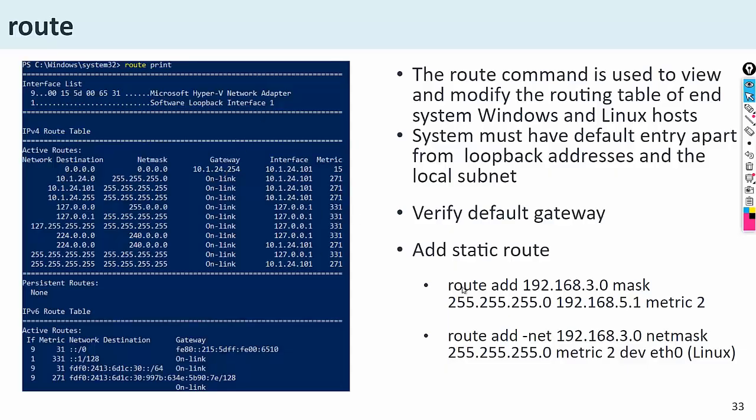So this is the command to add the route: route add, the network, subnet mask and the target IP address, then the metric. In Linux, a similar command can be used to add the network.